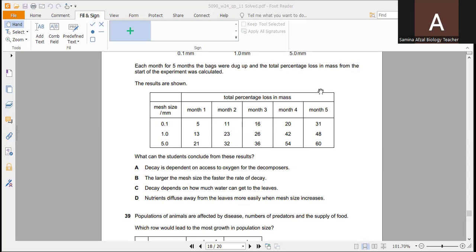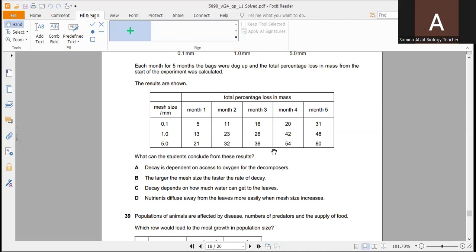You can see when the mesh size is 0.1, in the first month the loss was 5. It increases as the months increase. And the same with the other mesh sizes, 13, 23, 26, 42, 48, and with the mesh size which is larger, 21, 32, the loss is also larger and it is increasing as the months pass. So what can the student conclude from these results?